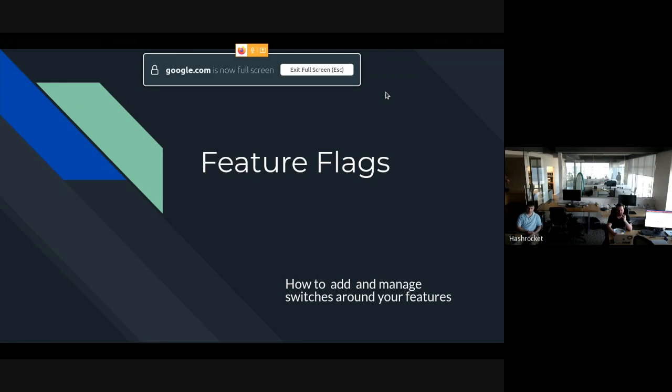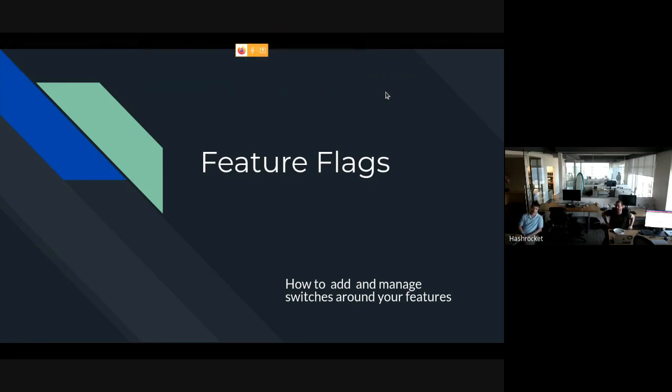All right, thanks for coming out. I'm going to be talking about feature flags tonight and what they are, how you can use them, how you can safely build and deploy features with them.